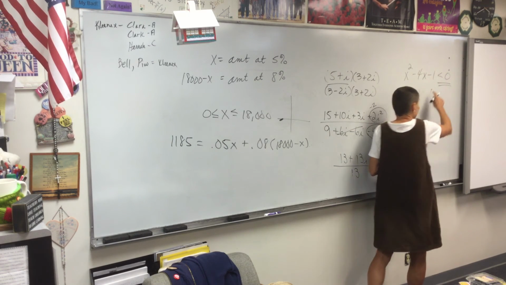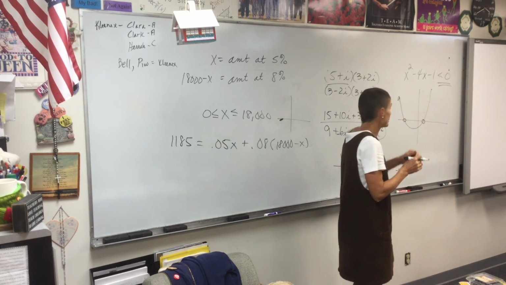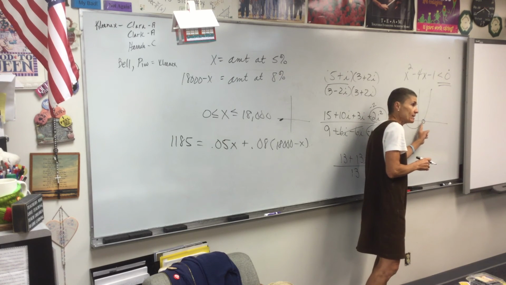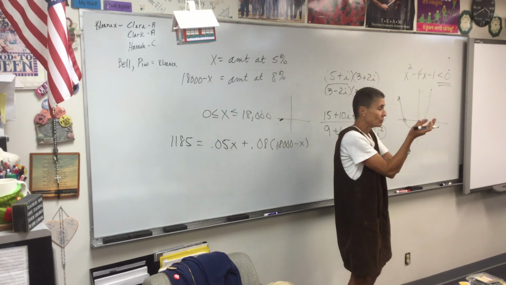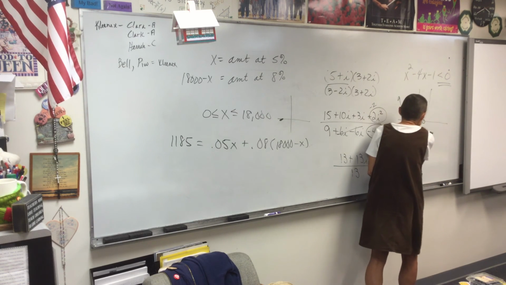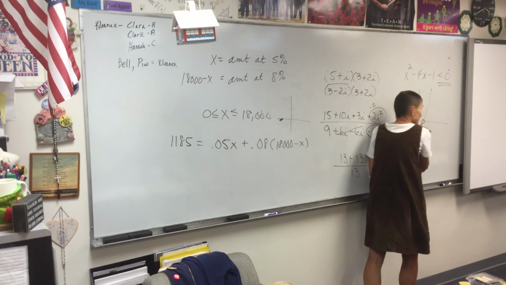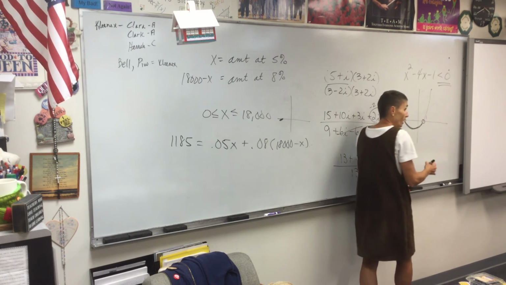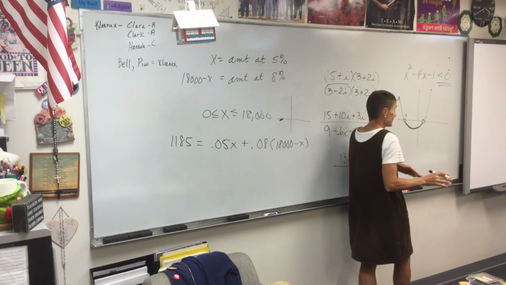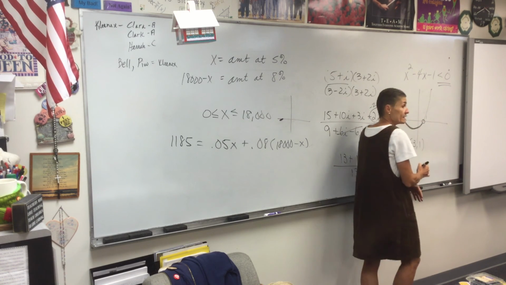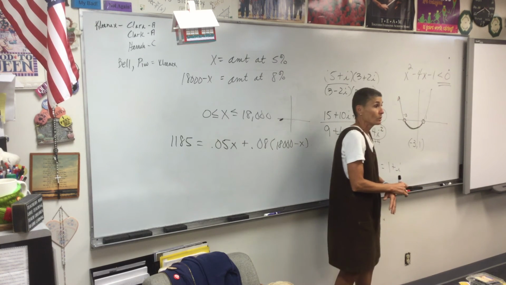What do you do with that? You don't want it to be equal to 0. This is where it equals 0. You want it to be less than 0. So this is the part of the graph that would be your answer. So if this is -3 and this is 1, and I'm totally making that up, my answer would be all the numbers between -3 and 1.